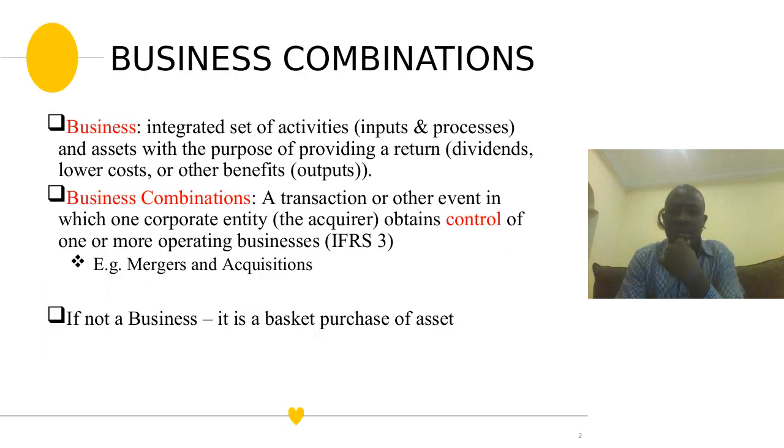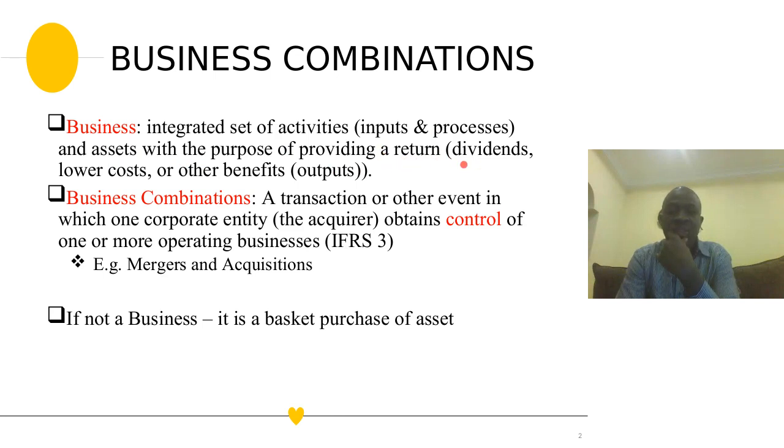Now, to start with our first item, a business can be defined as an integrated set of activities, that is the inputs and the processes, and the assets with the purpose of providing a return.